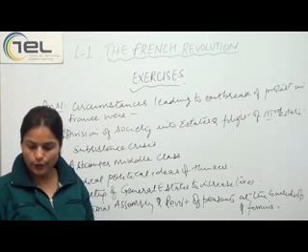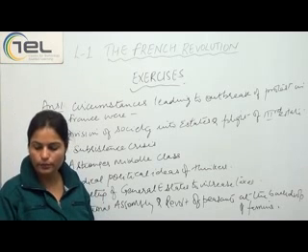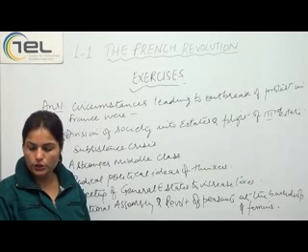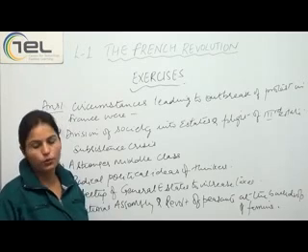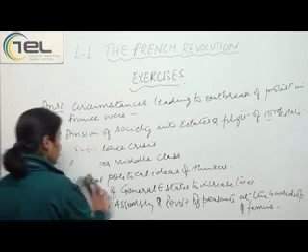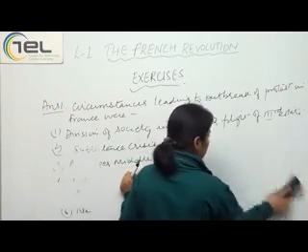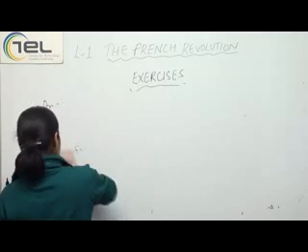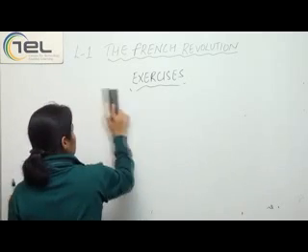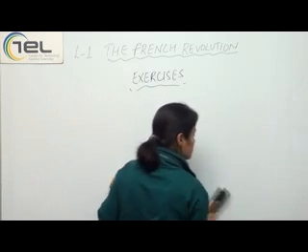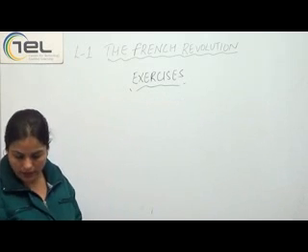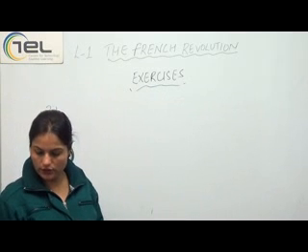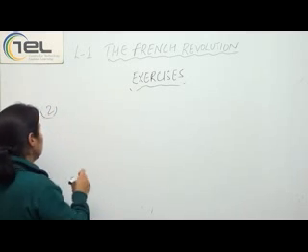Then second question is, which groups of French society benefited from the revolution? Which groups were forced to relinquish power? Which sections of the society would have been disappointed with the outcome of the revolution? So three parts are there in this second question. Let us discuss this one by one. First part asks, which groups of French society benefited from the revolution?